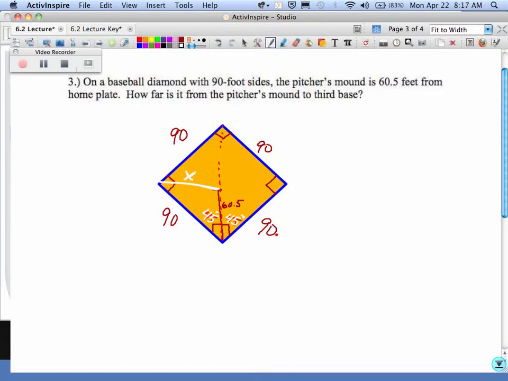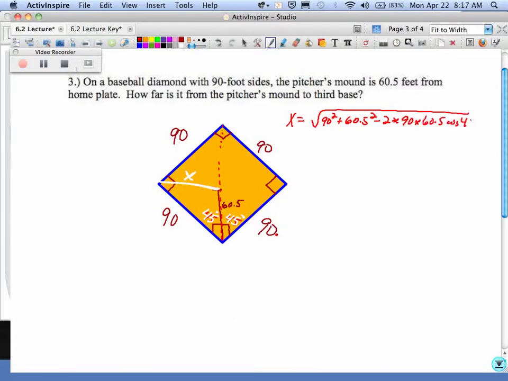So to find X, I can do the square root of 90 squared plus 60.5 squared minus 2 times 90 times 60.5 cosine of 45.